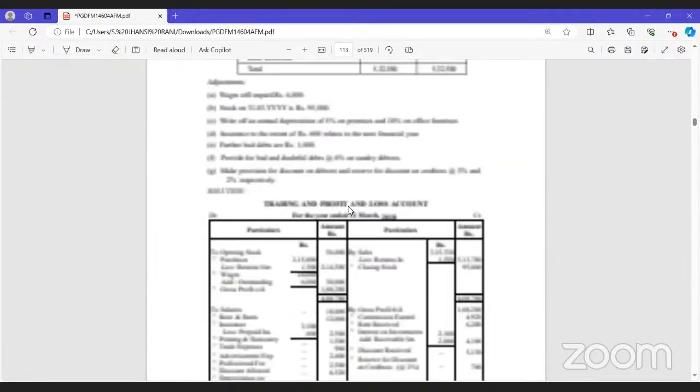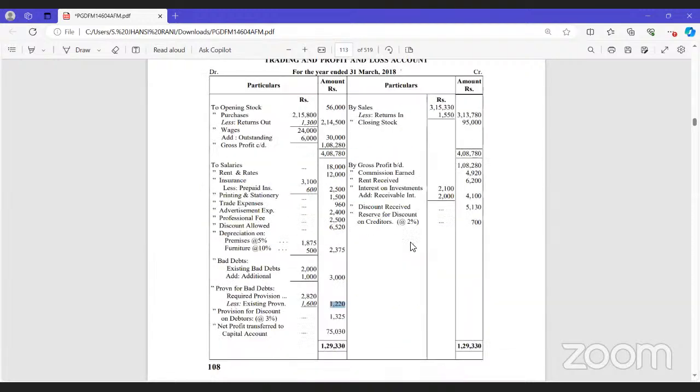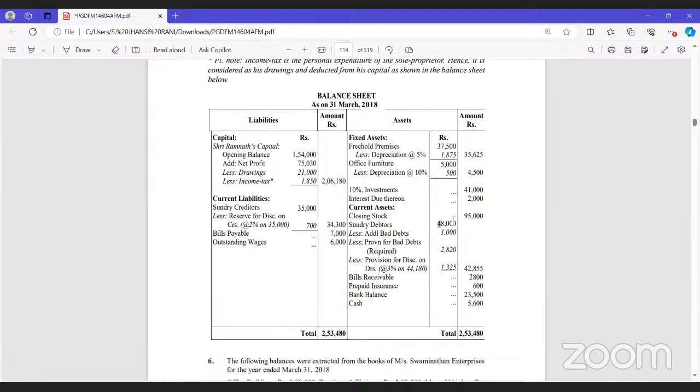And they are also asking for discount on debtors, that is 3%. So for discount on debtors, first we have to find out the debtors. Sundry debtors are 48,000 minus 1,000, 47,000. From that you deduct 2,820, you will get 44,180. How do you get this?